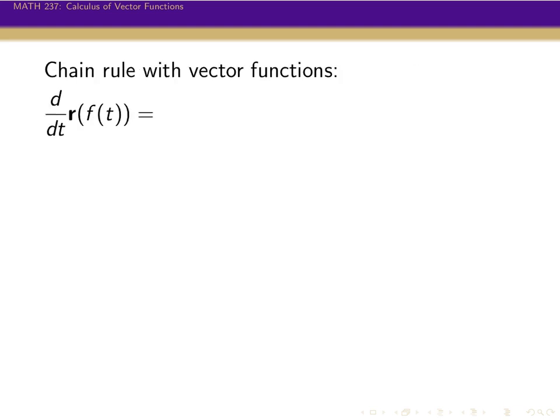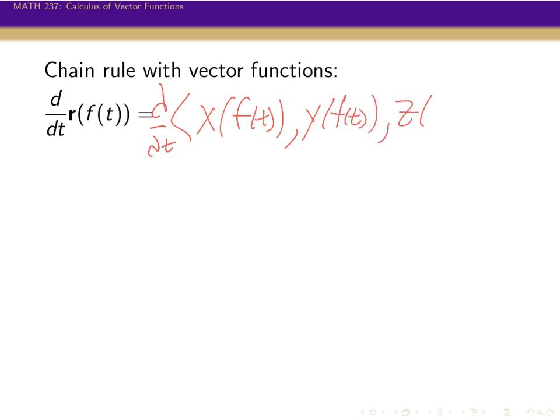Okay, so now let's talk about the chain rule. So if you plug in a scalar function, a real valued function into r of t, what's that going to look like? Well, that's going to be taking the derivative of x of f of t, y of f of t, z of f of t.